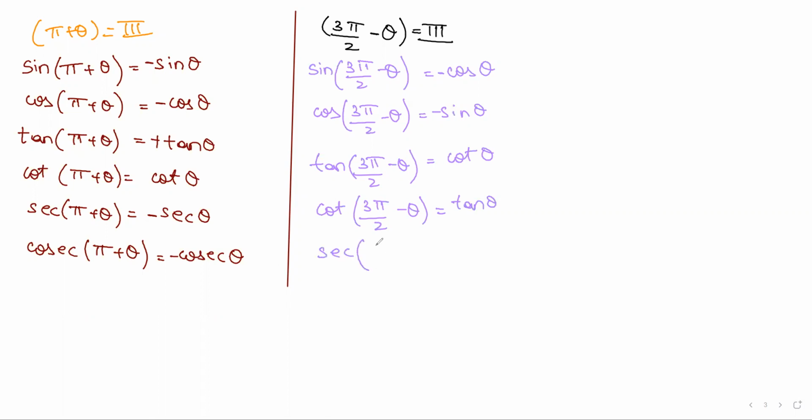Sec of 3 pi by 2 minus theta is equal to minus cosec theta. Cosec of 3 pi by 2 minus theta is equal to minus sec theta.